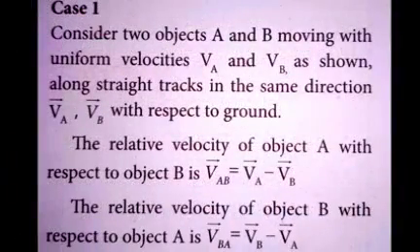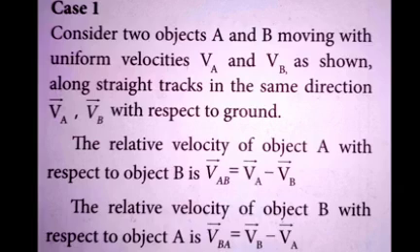Case 1. In the first case, we are going to use one-dimensional relative motion. Here the two objects A and B are moving in the same direction with uniform velocities.